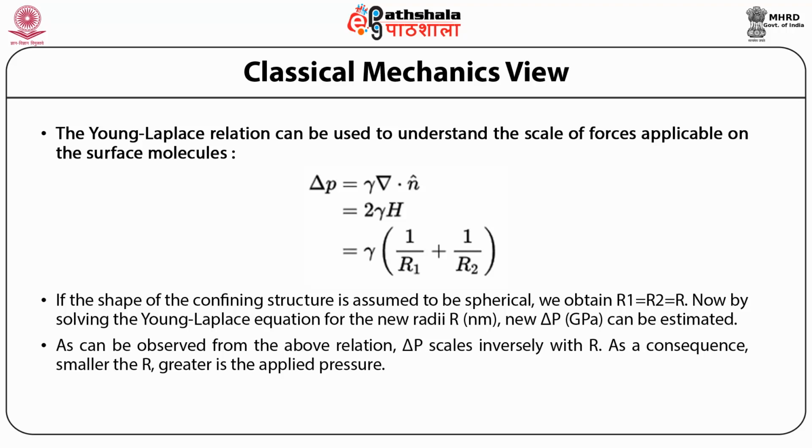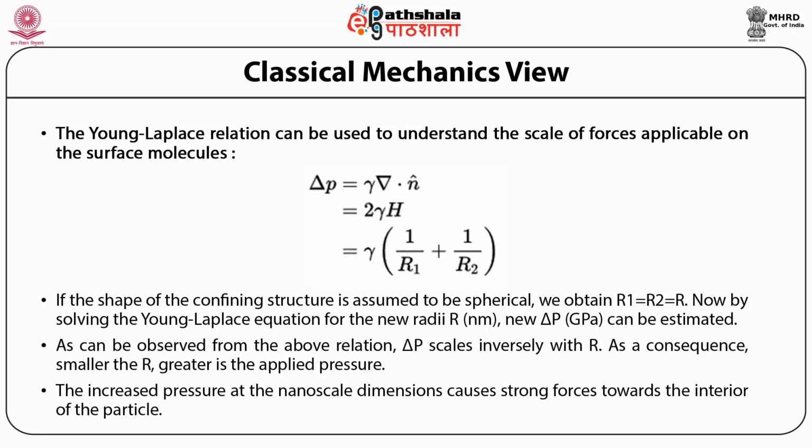As can be observed from the above relation, delta P scales inversely with R. As a consequence, the smaller the R, the greater is the applied pressure. The increased pressure at the nanoscale dimensions causes strong forces towards the interior of the particle.